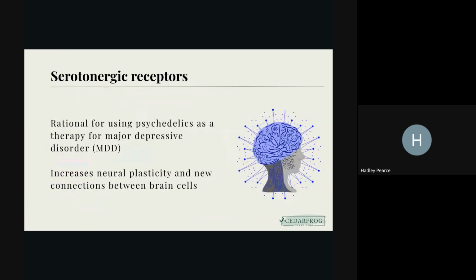This is why certain psychedelics, particularly psilocybin, DMT, and LSD, have shown promise as therapeutic agents in improving symptoms in patients with major depressive disorder. They enhance neuroplasticity, creating new connections between brain cells.